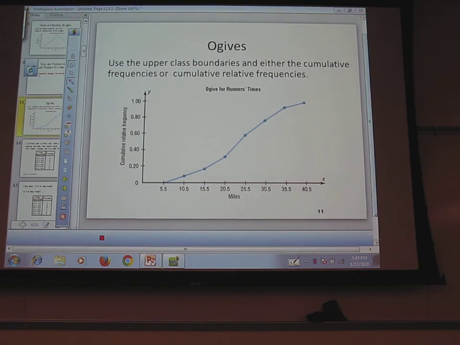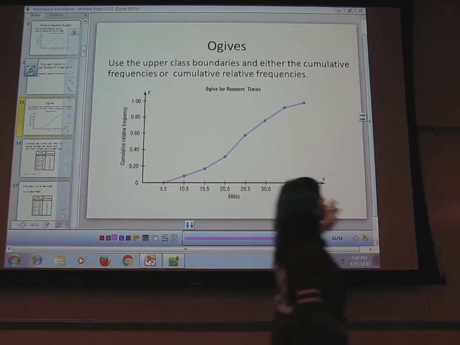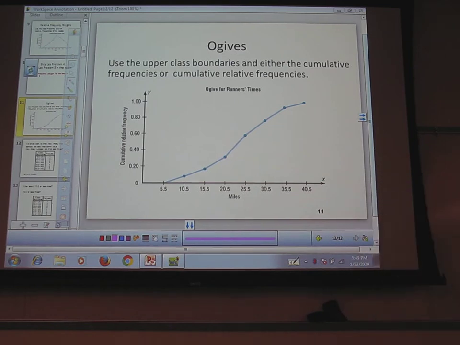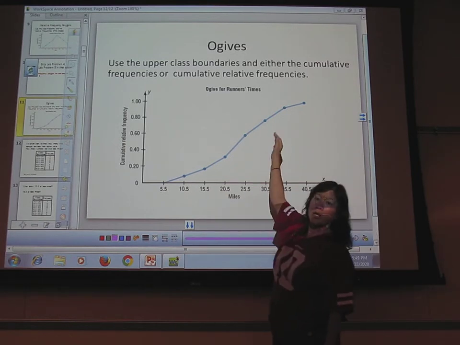Ogives. You'll also have two or maybe three homework problems on this one. They use the upper class boundaries and either cumulative or relative frequency. So it's one of the cumulatives, either regular cumulative frequency or cumulative relative frequency. And again, because they're cumulative, they always go up, they always increase, right?